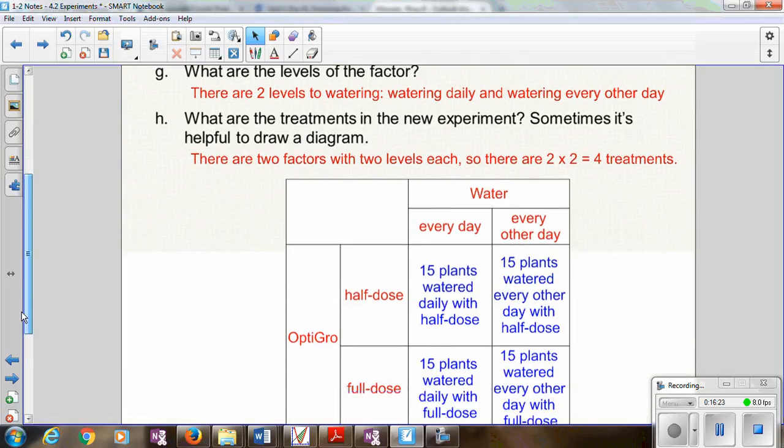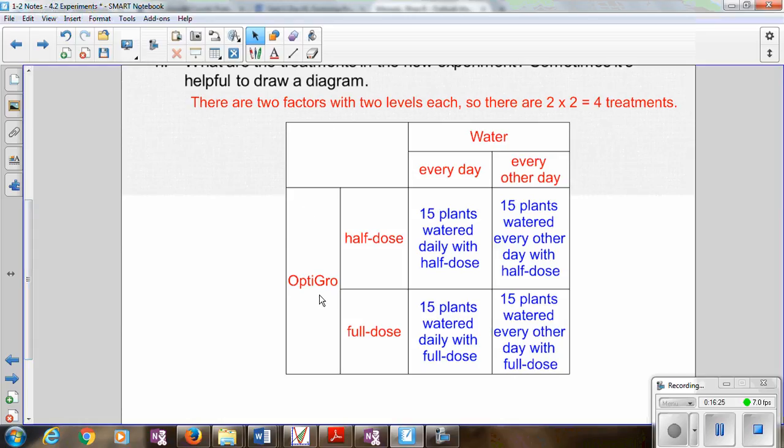And so sometimes it helps us to draw a picture or draw a table to sketch things out. So now that I have two different levels for my OptiGrow, I've got the half dose as well as the full dose. I've also got my watering every day versus every other day. I've got 60 plants, so that leaves me with 4 different treatment groups. 15 of those plants, which I'm going to assign randomly, are going to be watered every day and be given half the dose of OptiGrow.